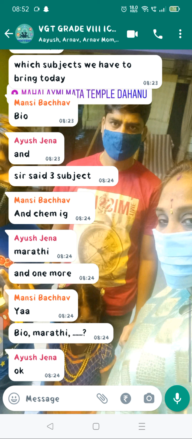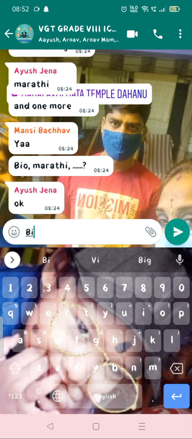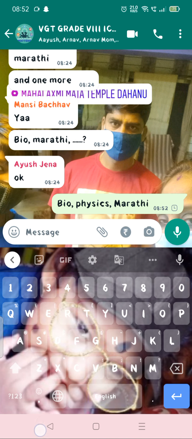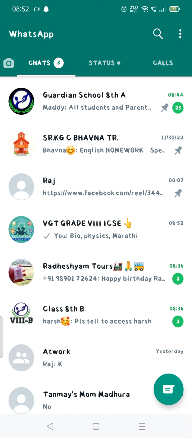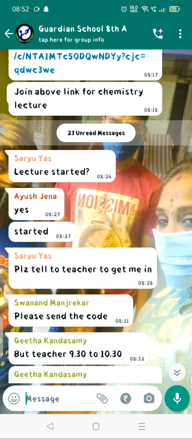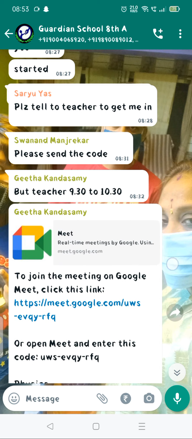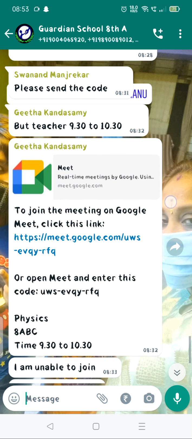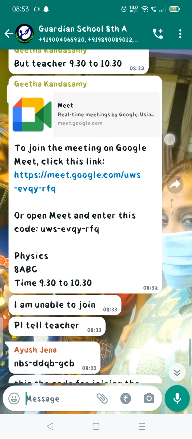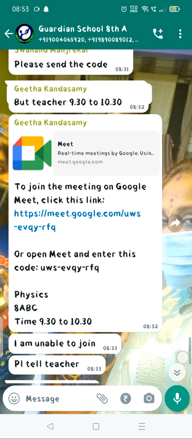In calcination, zinc, copper and magnesium are all in carbonate form: zinc carbonate, copper carbonate, magnesium carbonate. This ore we have to heat, with a limited supply of air.